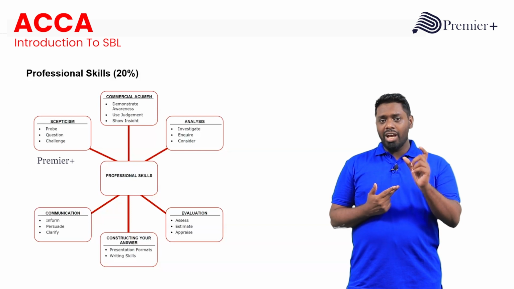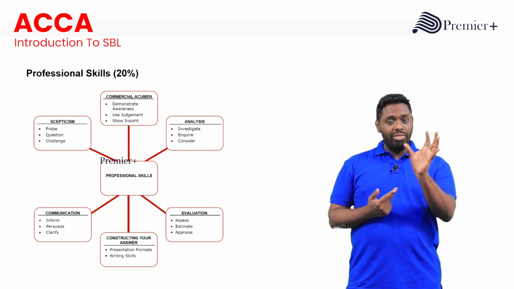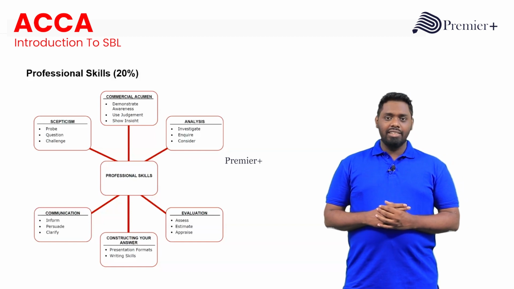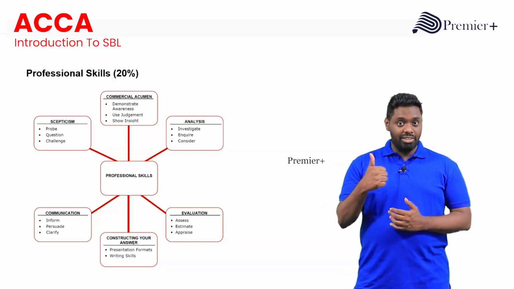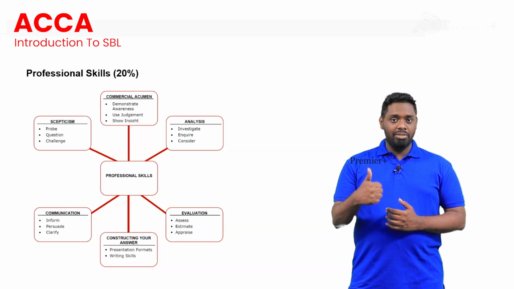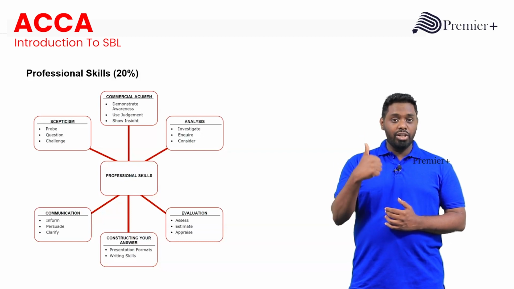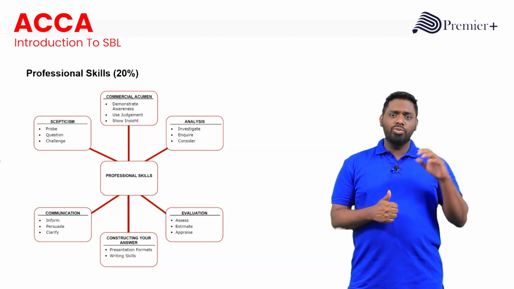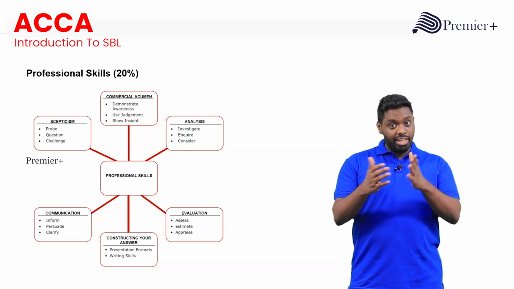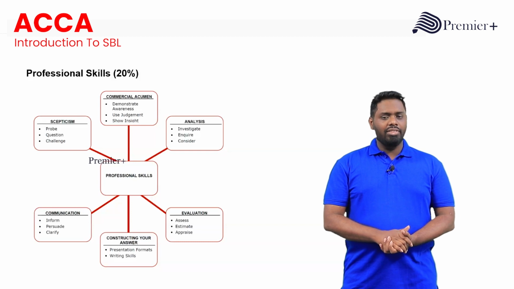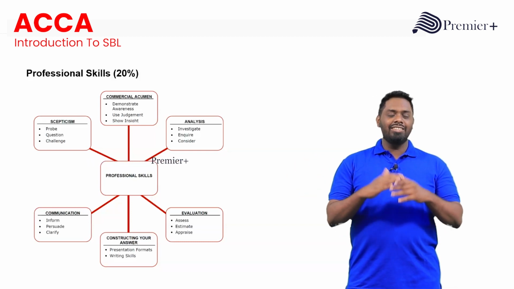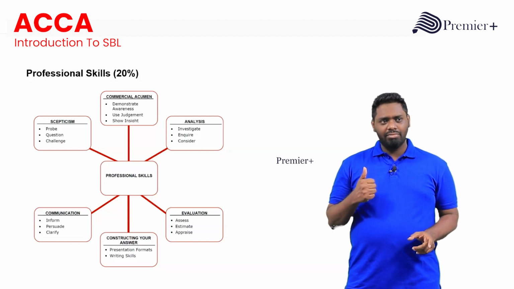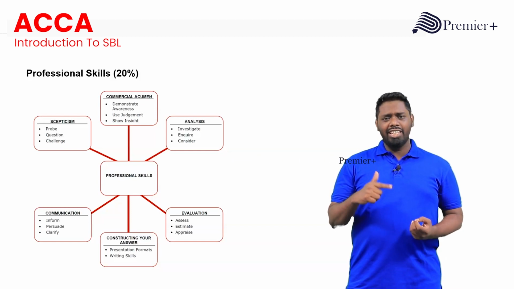Are you able to analyze properly? Are you able to gather insights from the given case? Next, skepticism, we discussed. Skepticism is how reasonable you are in questioning the facts given in the exam. They might ask you to probe, to question, to challenge. And then comes analysis. Analyzing the data and information provided. It can be to investigate, to inquire, and even to consider.